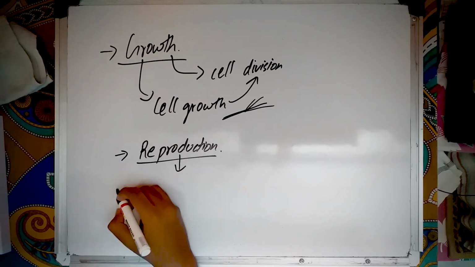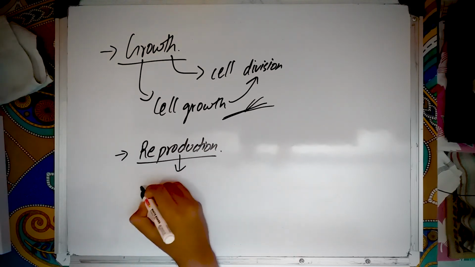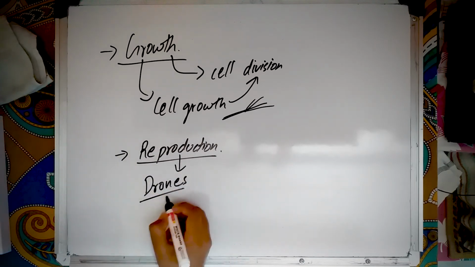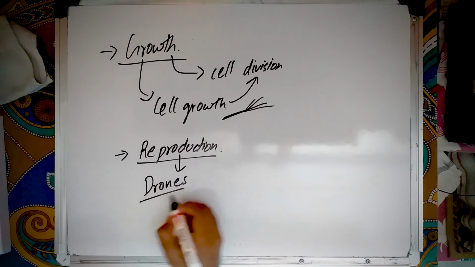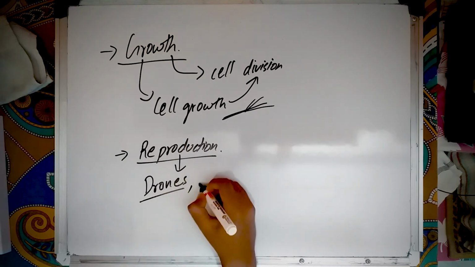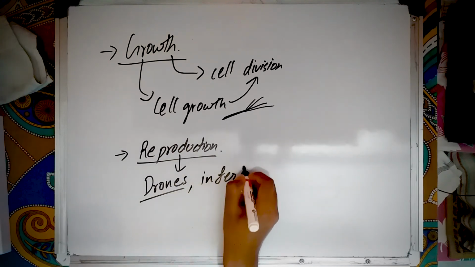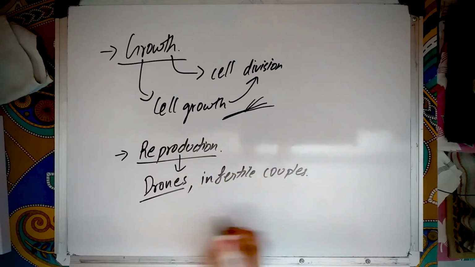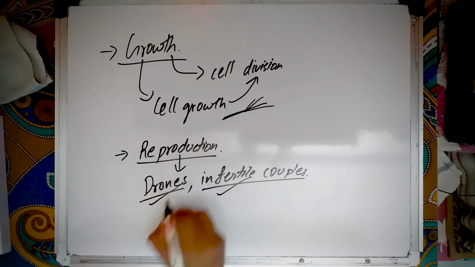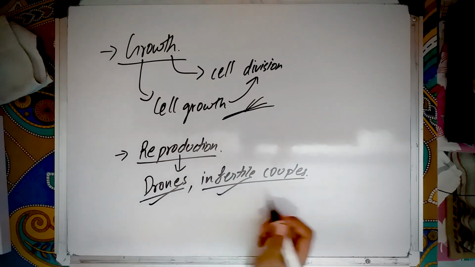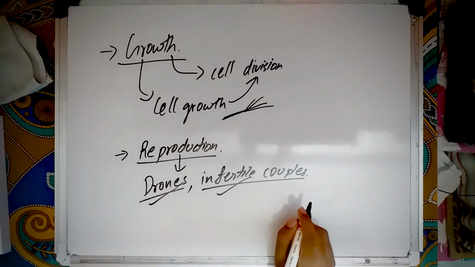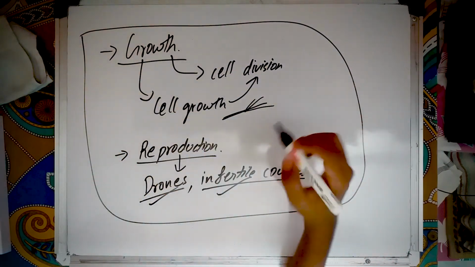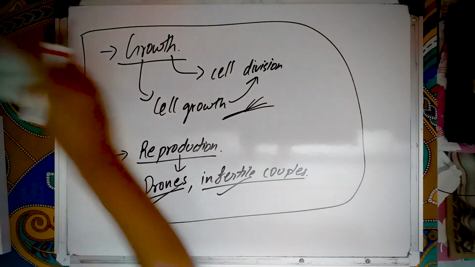For example, the male honeybees, drones, are sterile, they do not reproduce. And infertile couples, they are living, right? They are living, but they cannot reproduce on their own. So these are called characteristic but not defining features of life.